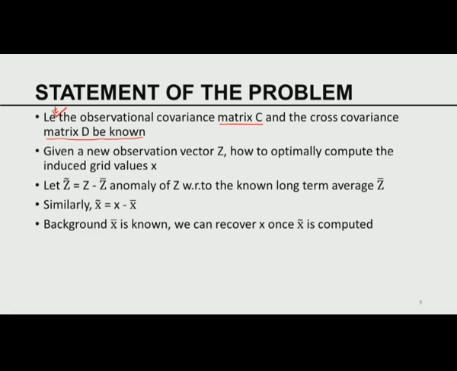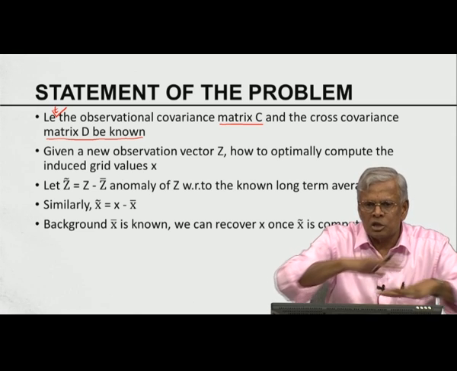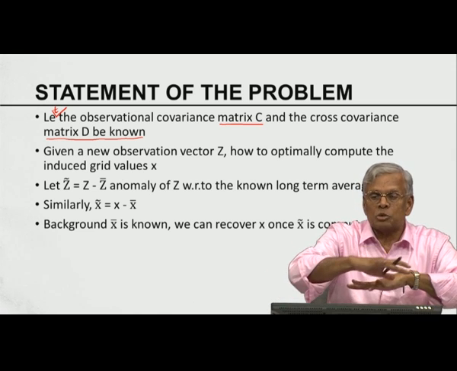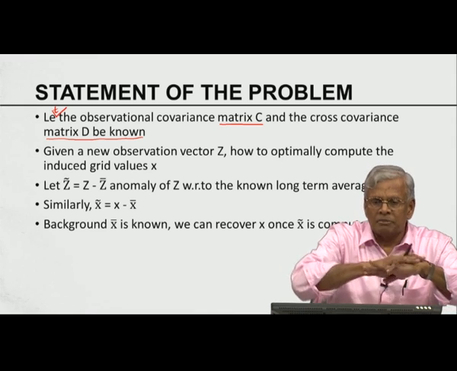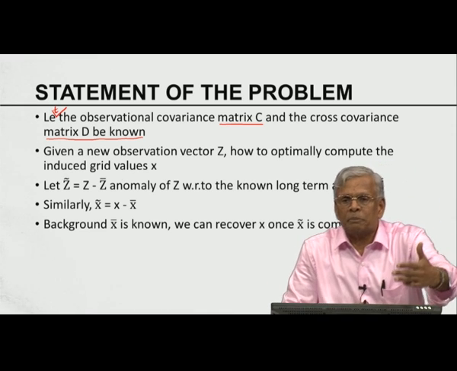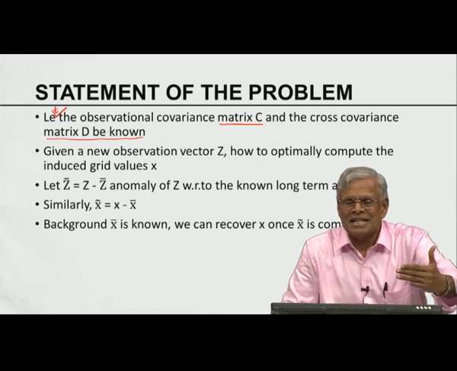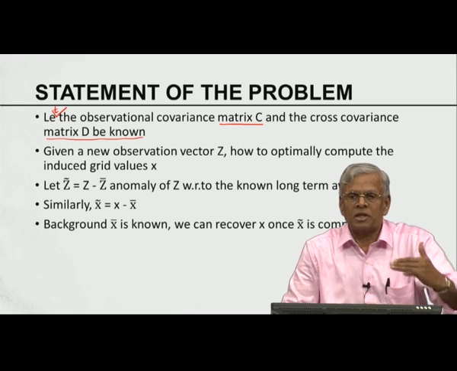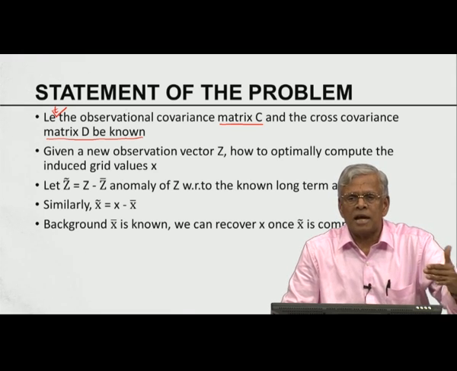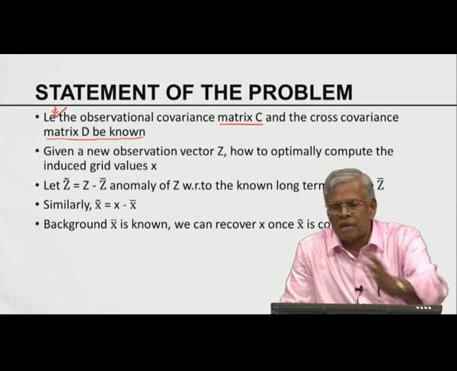C and D represent the stationary values of the covariance of observations and the cross covariance between observation and the grid. Because the underlying processes are stationary, C and D do not change in time, especially if you consider a long time series.